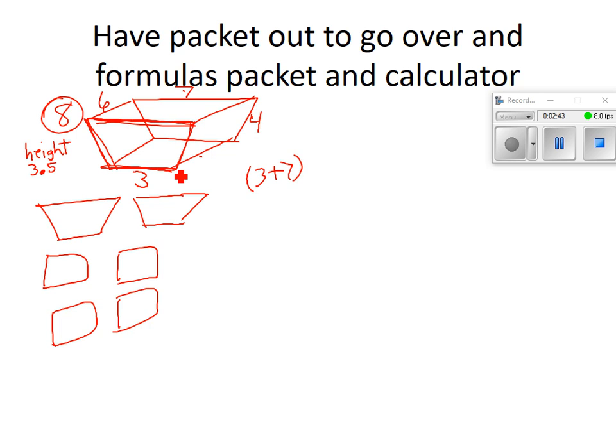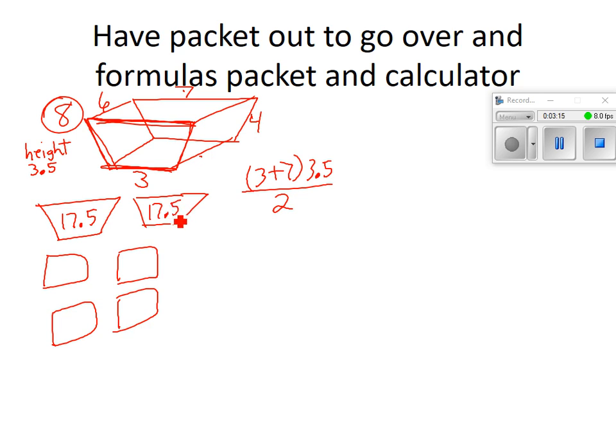So 3 plus 7, the height of the trapezoid was 3.5, divide that by 2. Somebody do all that for us. 17.5. Anybody else get that? So the area of this trapezoid is 17.5.